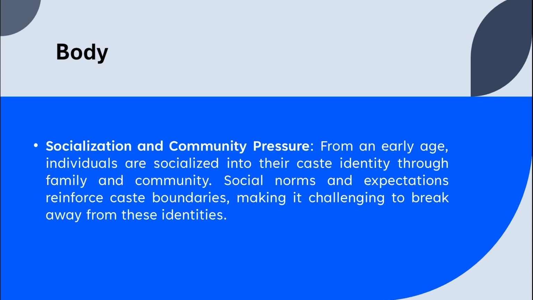Then your socialization from your household only, you are taught that okay, we belong to this particular caste, our caste is very high, right? Also community pressure is there, right, to follow the caste, to follow the social norm expectation, to reinforce the caste boundaries, making it challenging to break away from these identities, right?